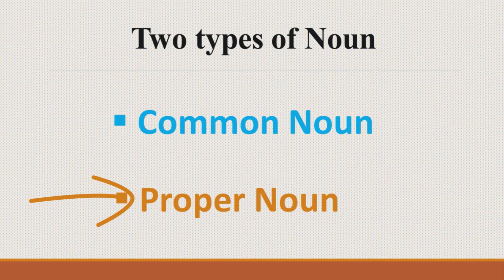For example, girl, Sana, boy, Ahmed, park, Ayub Park, or city, Lahore. Now we know that we write the proper nouns with the capital letters and the common nouns with the small letters, because they are the general names and proper nouns are the special names.